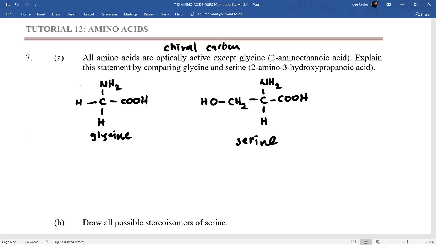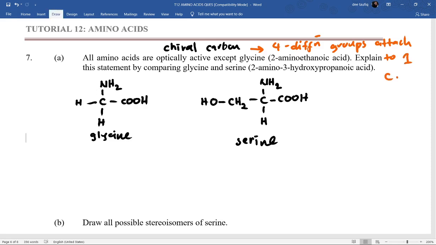Serine, S-E-R-I-N-E. Okay. So untuk serine dengan glycine, kalau dikata chiral carbon, for chiral carbon it must have 4 different groups attached to 1 carbon. Okay.